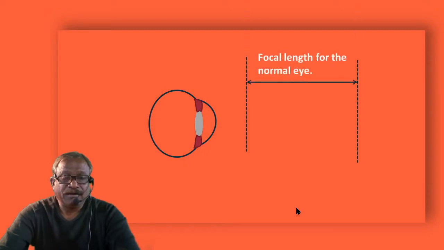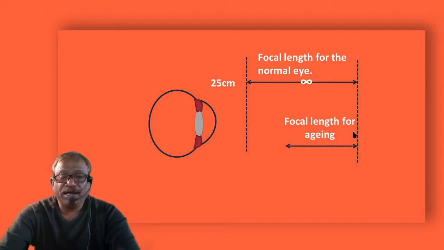What happens? The focal length for the normal eye, we know, is from 25 centimeter to infinity. This is for the normal eye. We see nearer objects and objects at infinity also. But due to aging, the near point shifted towards the right here.